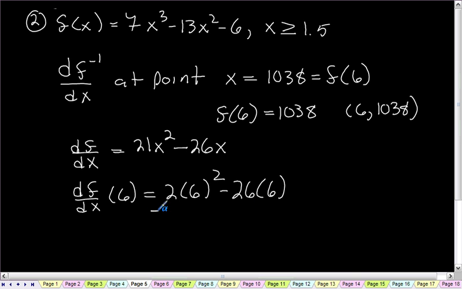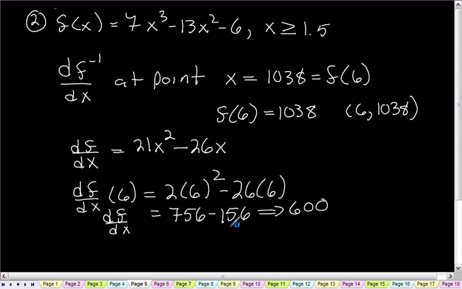This comes out to 756 minus 156, which comes out to 600. And that's the slope of f at 6.